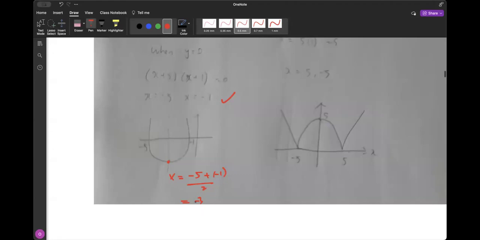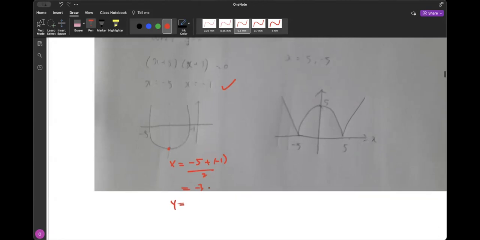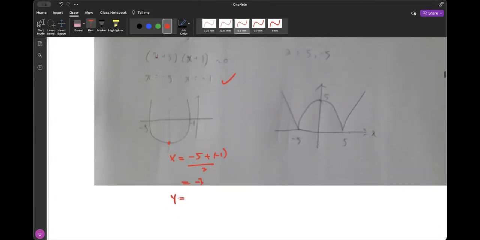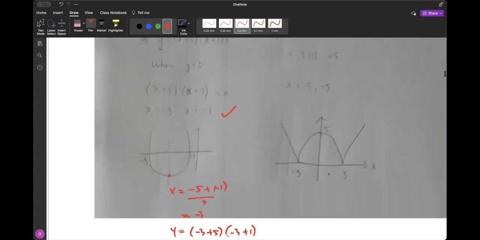Okay. So when y is -3, you have to substitute into here, right? -3 plus 5, -3 plus 1. So this is a y value. You have 2 and -2. So is it -4?